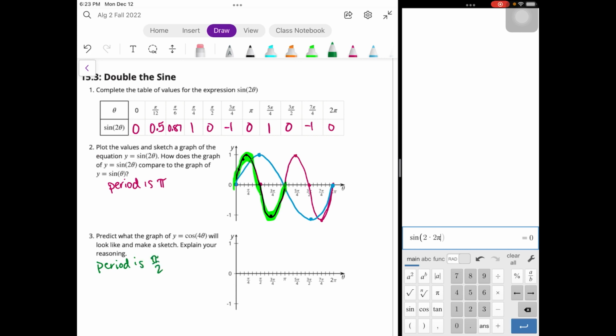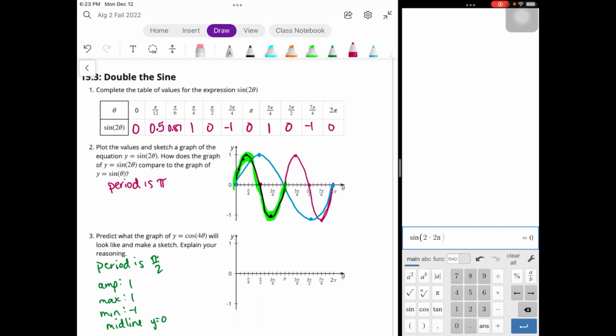That's just a thought. But it's still going to have the same amplitude of 1. The max will be 1, the minimum will be negative 1, and the midline will be at 0. That's what I'm thinking.